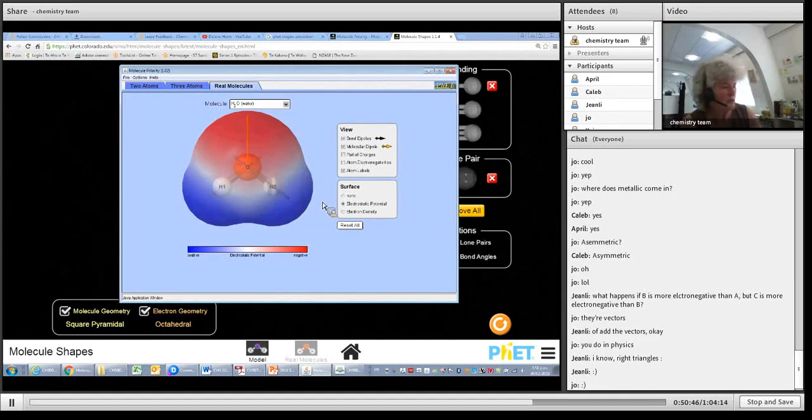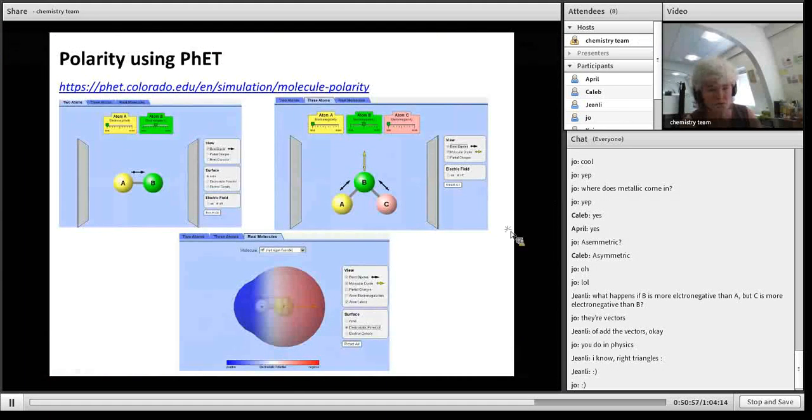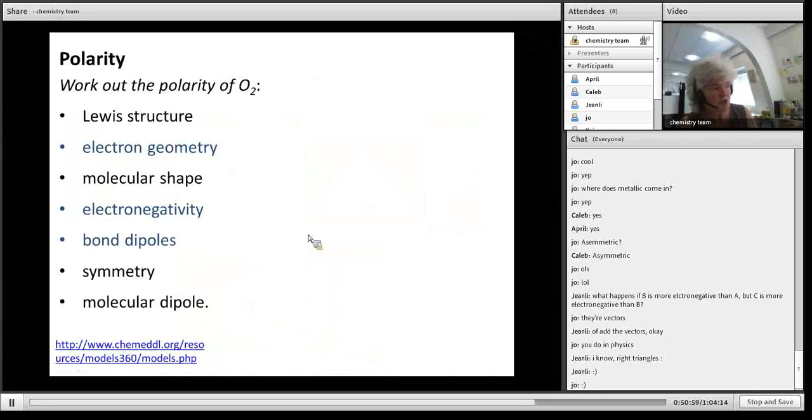What I want to do now is go back to my slideshow, because I've got a few examples there. And I just want to go through these steps. So the steps are always the Lewis structure, and it's normally given in an exam, because they normally give you something that's weird, but if you've got the Lewis structure there, you'll be able to work it out.